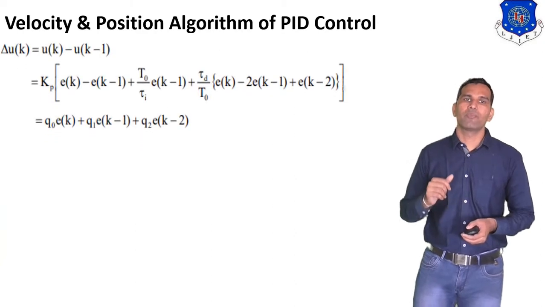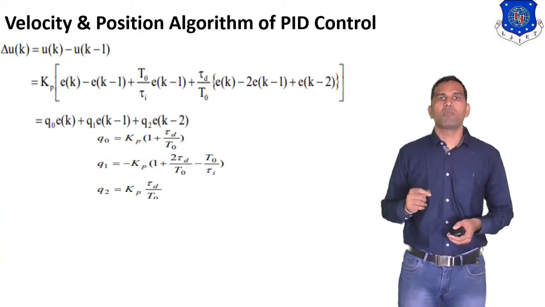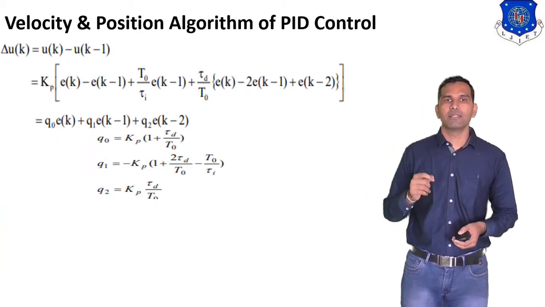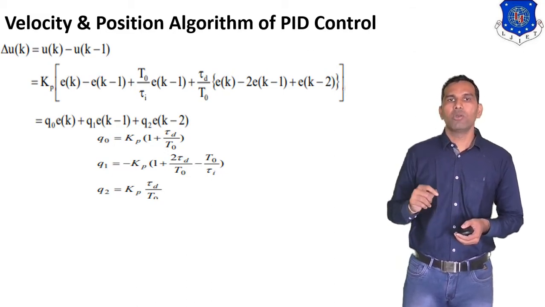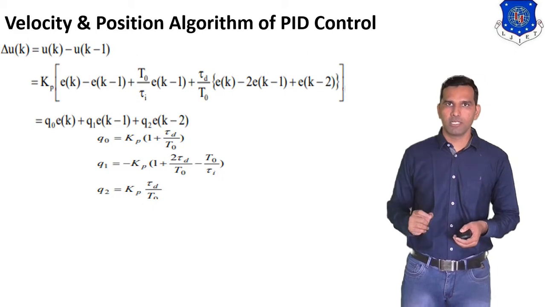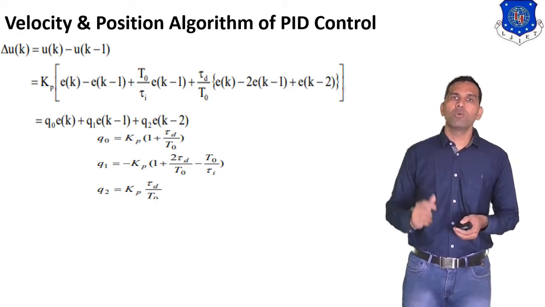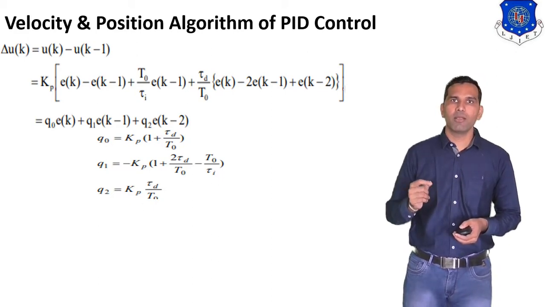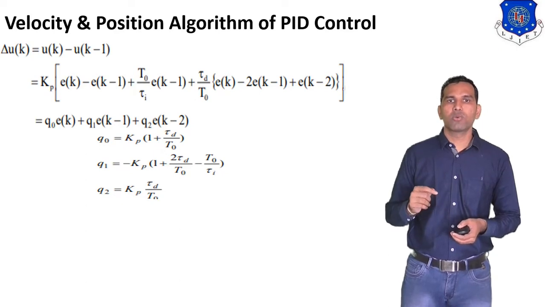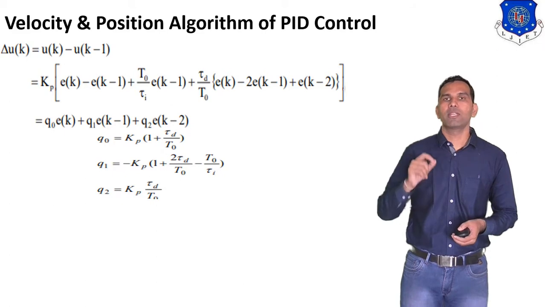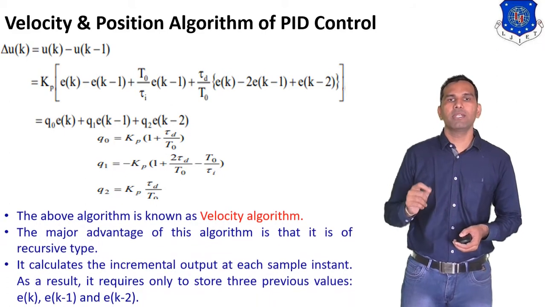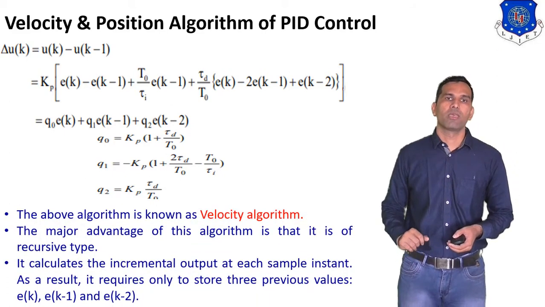So this is the velocity form of the equation, and here q0 is Kp times 1 plus Td upon t0, q1 is Kp times 1 plus 2 Td upon t0 minus t0 upon Ti, and q2 is Kp Td upon t0.